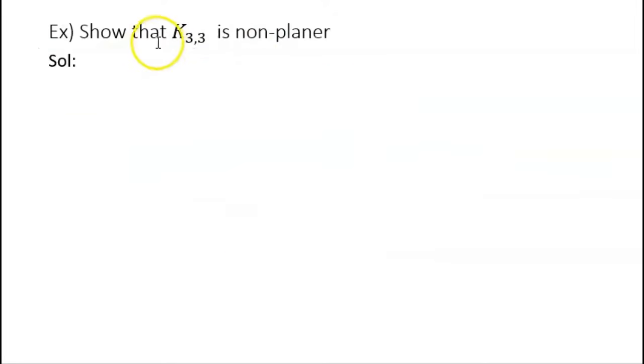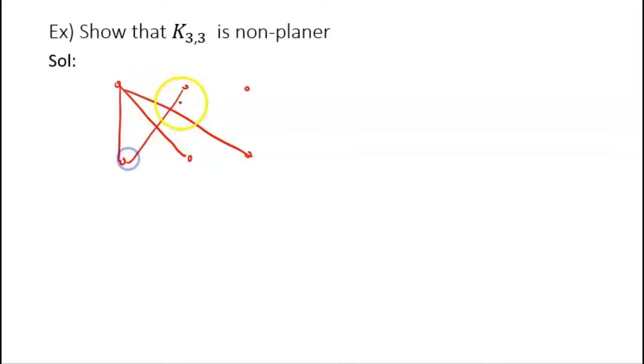Now, if I talk about K33, first of all, you know that K33 does not have a circuit of length 3, right? Let me draw it. So this is how K33 looks. 3 vertices here, 3 edges joined to each of them, so 9 edges in all. Not a very good picture, but anyway, you are all smart people, so you may be able to understand.